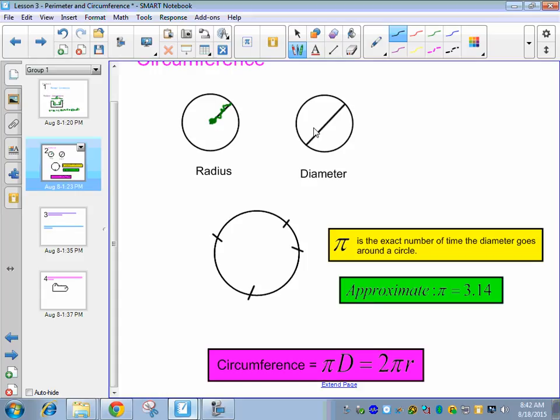The diameter is all the way across. So that's 2 radii. So this says circumference is d pi or 2 pi r, whichever works better, whichever you prefer. I would star that, box it, something. You guys probably already know that, but that is an important formula that we'll be using a lot.